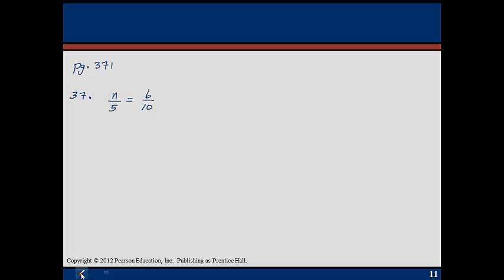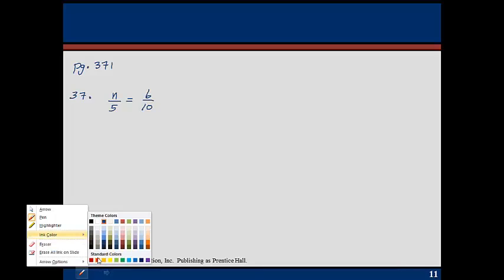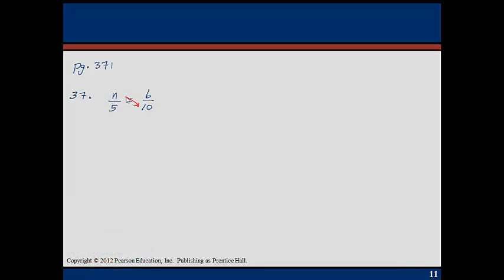And again, we're going to find n, so we're going to do our cross multiplication. So we have n times 10, which is 10n, equals 5 times 6, which is 30. And then we need to solve for n, so we're going to divide by 10, and we have n equals 3.